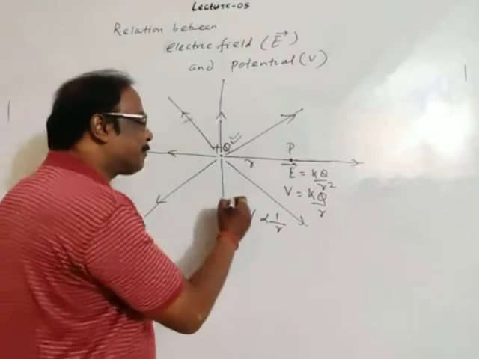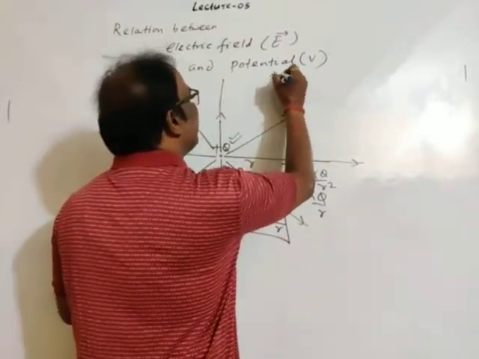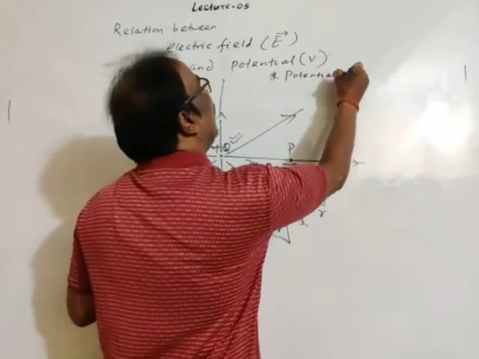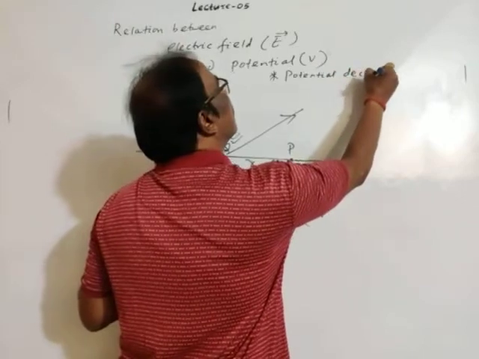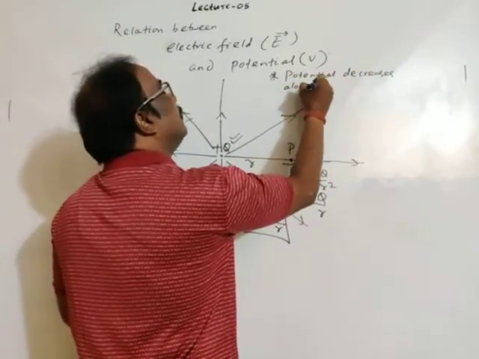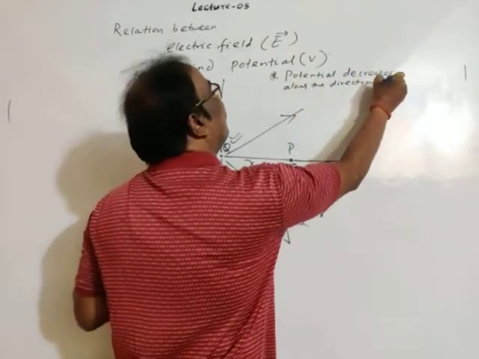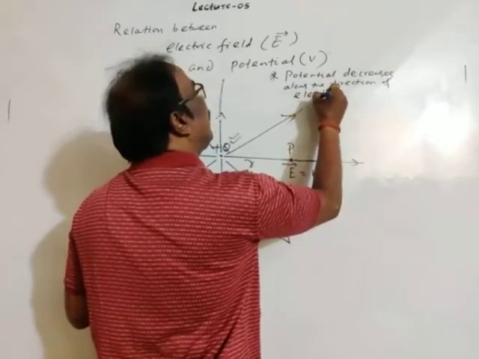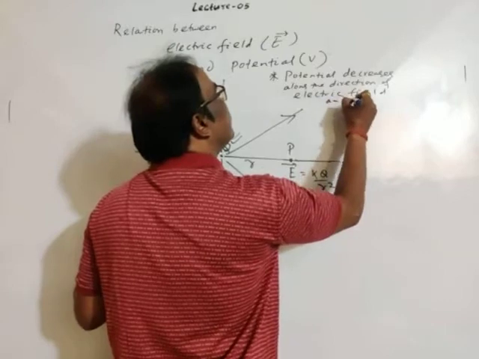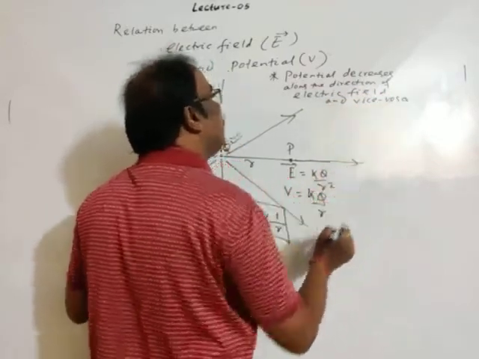From this equation, it may be concluded that potential decreases along the direction of electric field and vice versa. Very important.